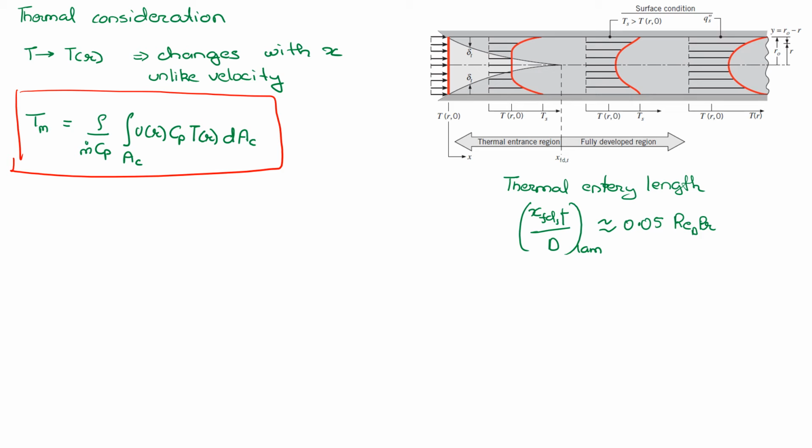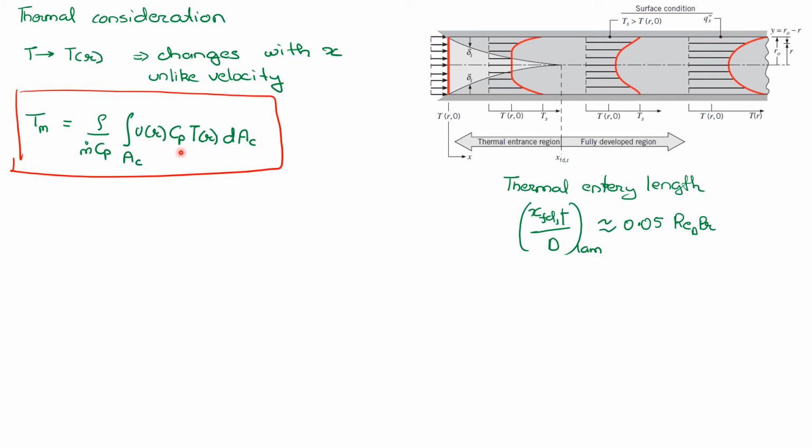It's 1 divided by density of the fluid times m dot Cp, that's the specific heat at constant pressure, and integrating it over the cross-sectional area. We are integrating the velocity, which is a function of r, and the temperature at that particular location, which is a function of r. So at a particular x, our temperature is just a function of r. But if you look at the overall temperature distribution here, it will be a function of x and r.